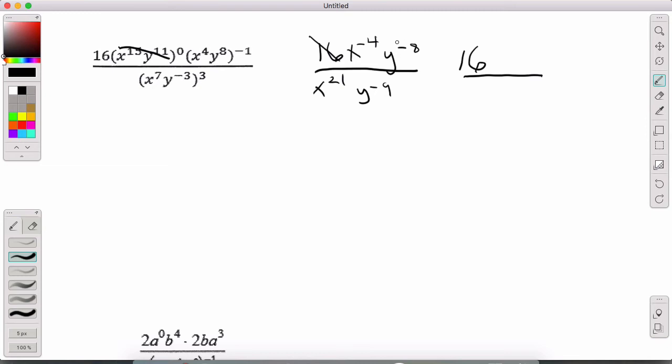You can also think of that as these 4 having to go into the denominator, which will end up leaving us 25 x's. Negative 8 minus negative 9 would be positive 1. You can also think of those 9 having to move up, leaving you with 1 y in your numerator.